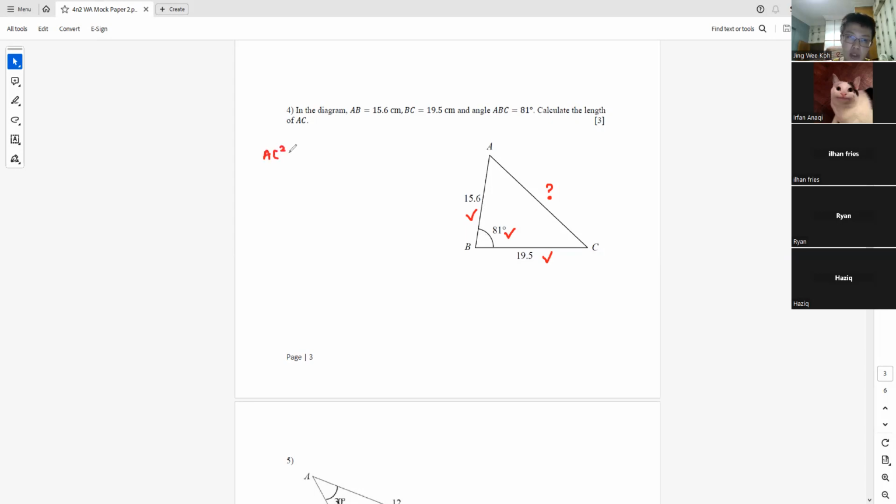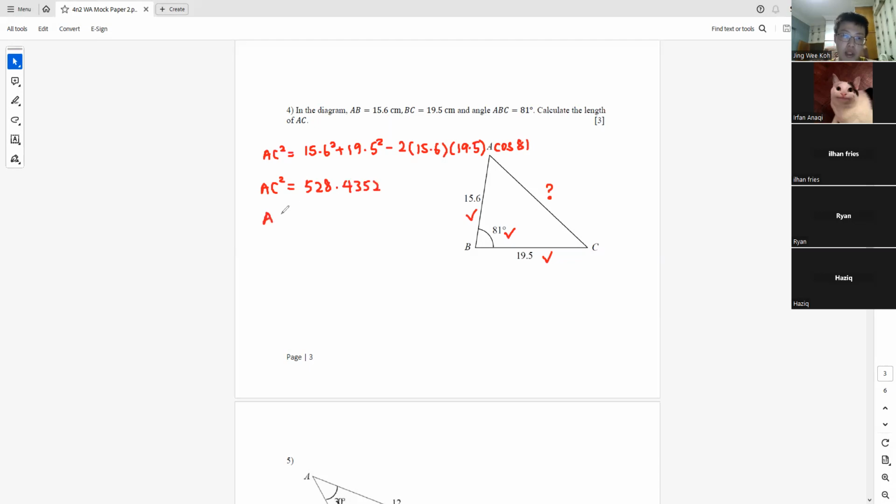AC squared equals 15.6 squared plus 19.5 squared minus 2 times 15.6 times 19.5 times cosine 1. Okay, AC squared equals, press everything down. You get 538.435.